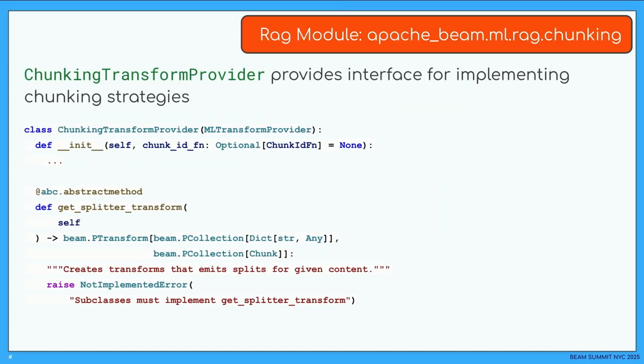Okay, so now that we are familiar with the type used throughout RAG or embedding pipelines, let's move on to the chunking piece. So in the chunking namespace, we defined an interface for implementing chunking strategies.